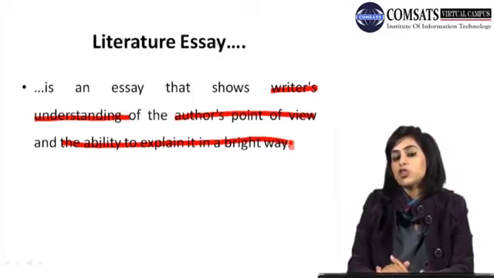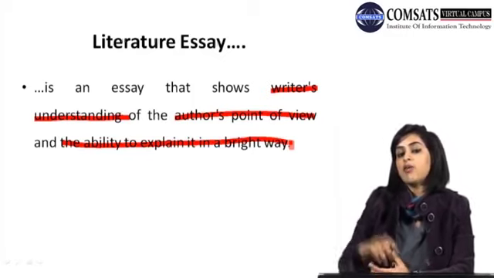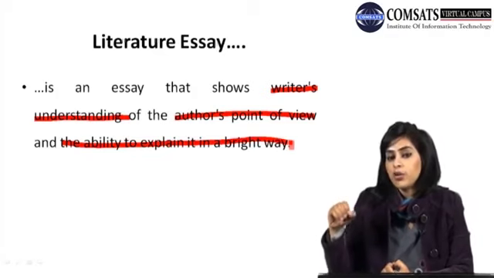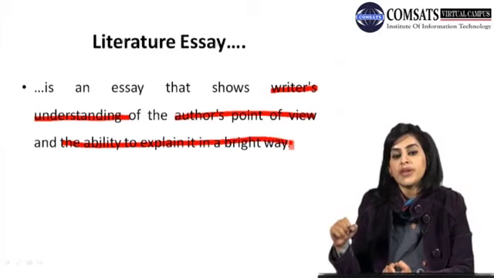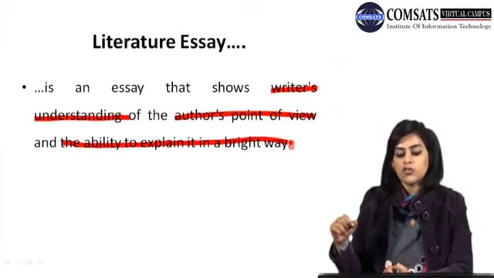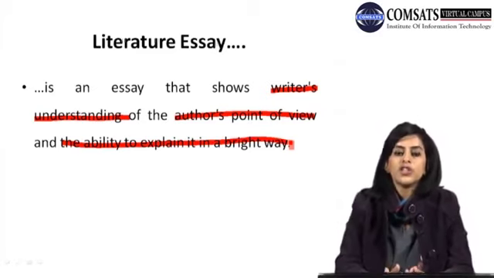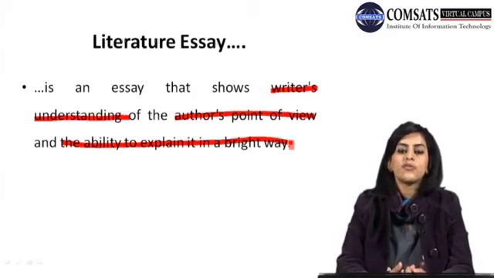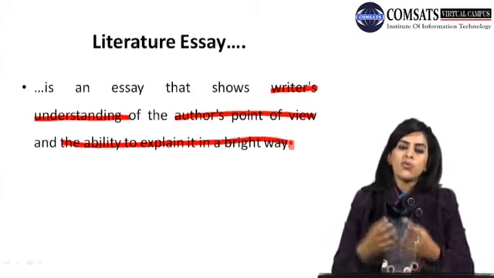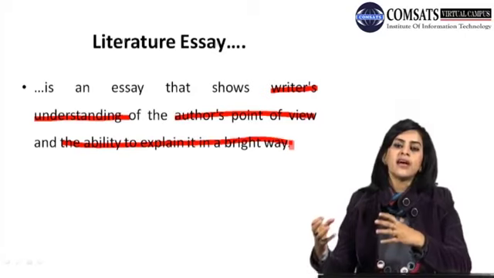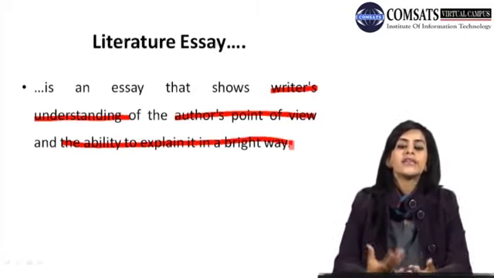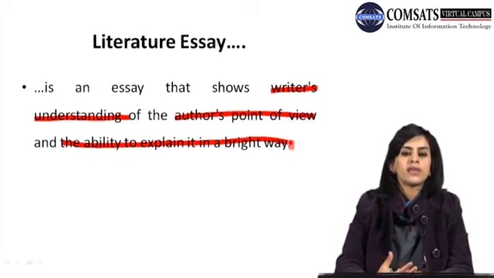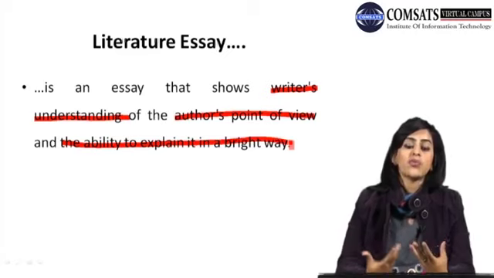So your focus should be on what exactly the genuine author of any piece of literature wants to depict, and you should develop your understanding of what the writer has to say. Whatever the writer has said in his piece of literature, you are supposed to rewrite his point of view in your own words in a very bright way.